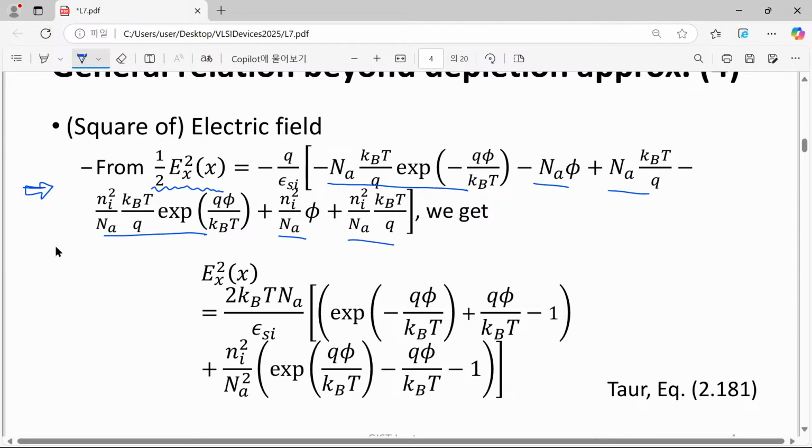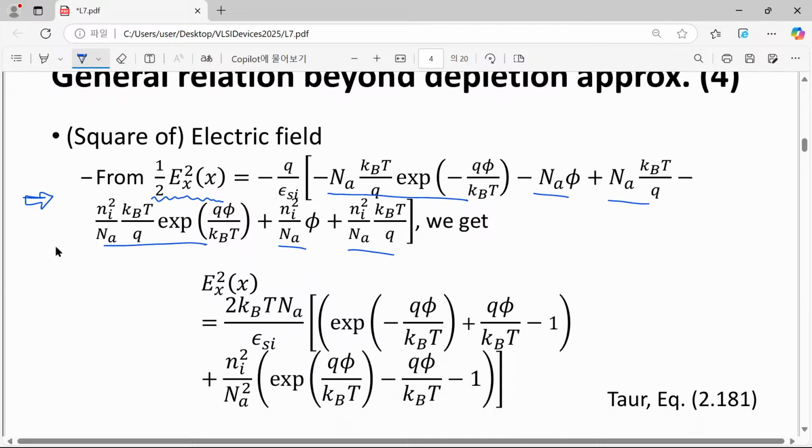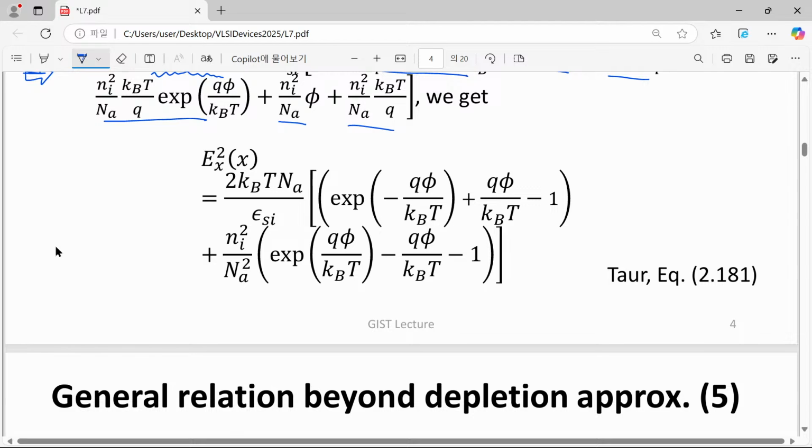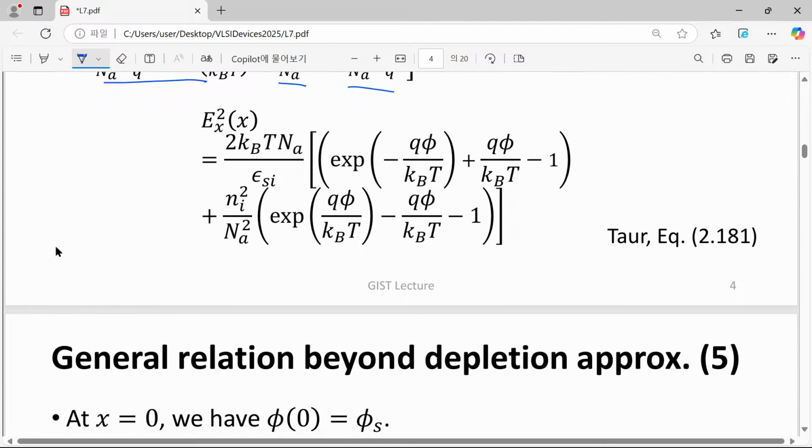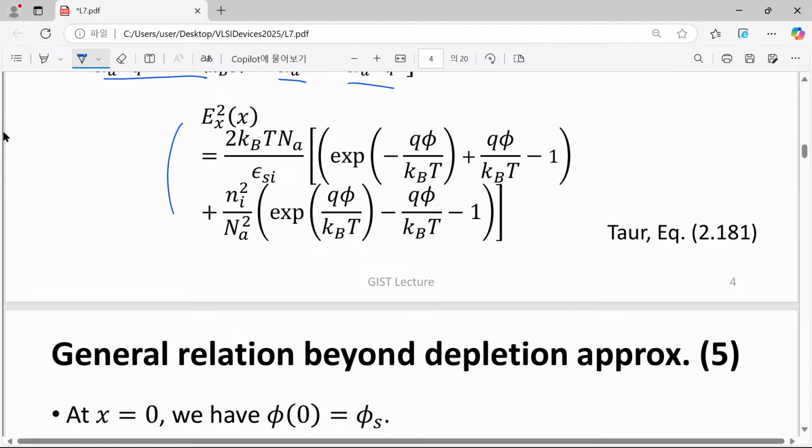Why do we have this kind of numbers? Please try to do it by yourself. You can do it. And after that, now we can find a certain form. Here, please note that in this case, the integration starts from 0 and ends not at infinity, but at any arbitrary value of x. So that's the reason why here we have x.